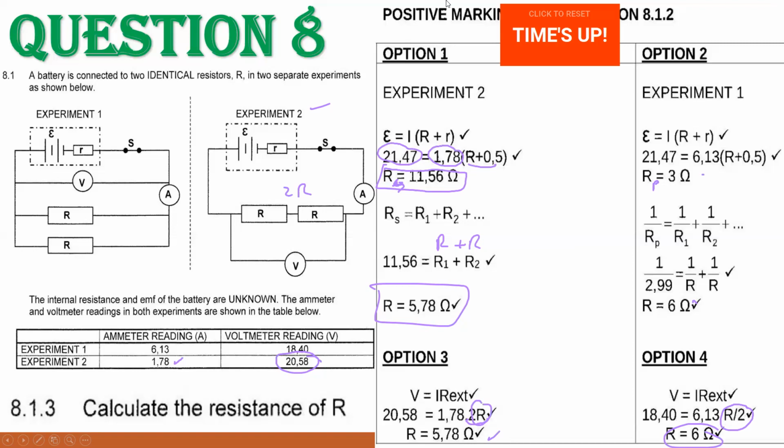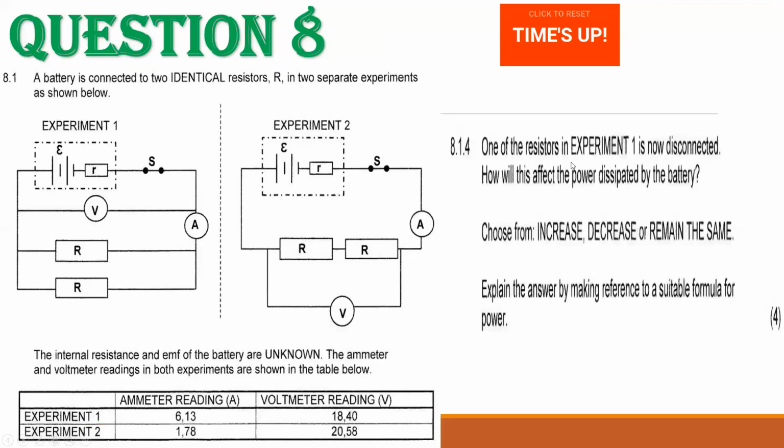Let's continue with the next one. Let's see what they are asking. Now, one of the resistors in experiment 1 is now disconnected. It means you remove one resistor from the parallel combination.